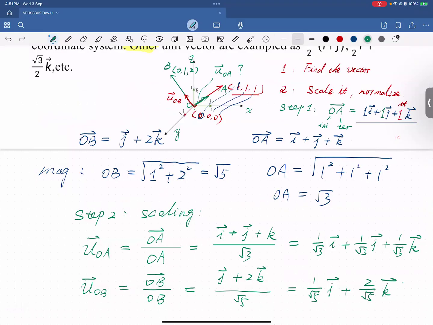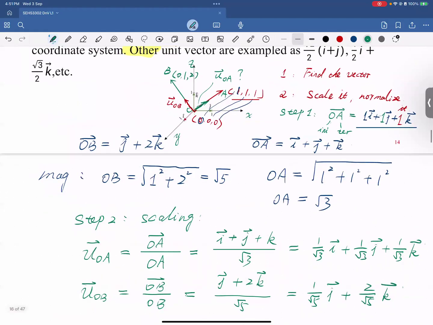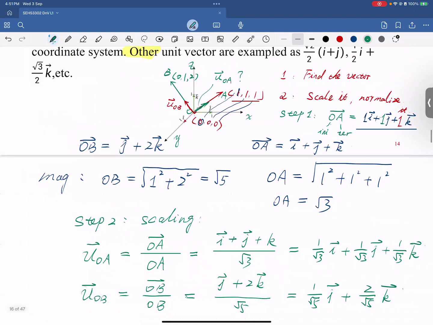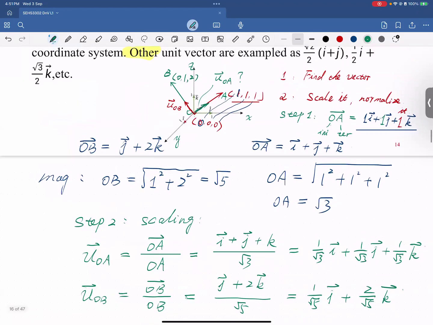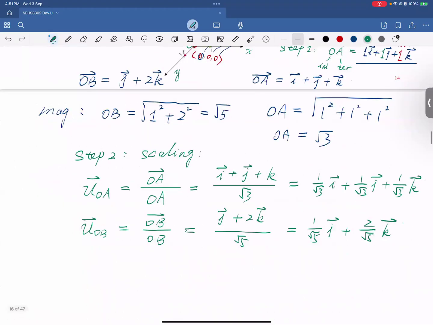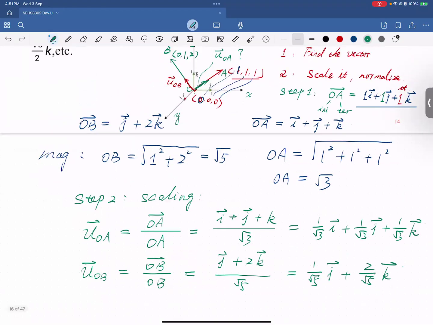Once you have a unit vector, you have a direction. Unit vector is a servant of direction. 它就是为 direction 服务的。So later, when we talk about velocity, when we talk about acceleration, you're going to ask yourself, what is the unit vector of this direction?